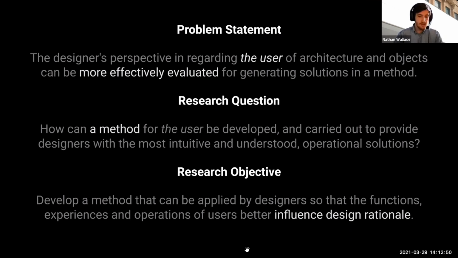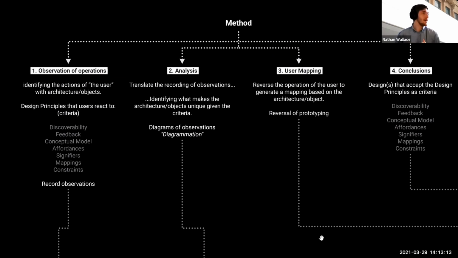Like I began, it starts with observation. This is identifying the actions of the user. And then this is based in those design principles. You can use them as criteria: discoverability, feedback, affordances, signifiers, and then mappings, conceptual models, and constraints are kind of embedded within those.